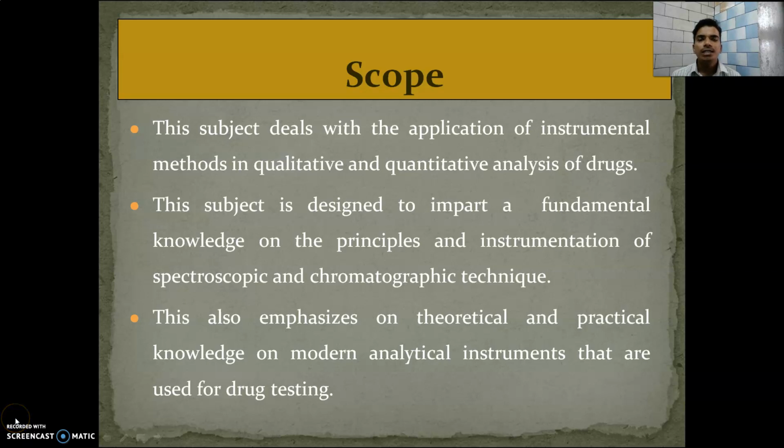So the scope. This subject deals with the application of instrumental methods in qualitative and quantitative analysis of drugs. This subject is designed to impart fundamental knowledge of the principles and instrumentation of spectroscopic and chromatographic techniques. It also emphasizes theoretical and practical knowledge on modern analytical instruments that are used for drug testing.